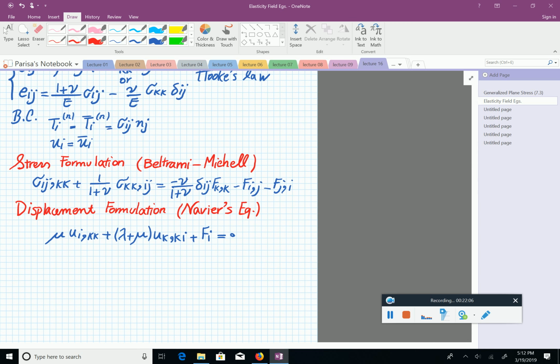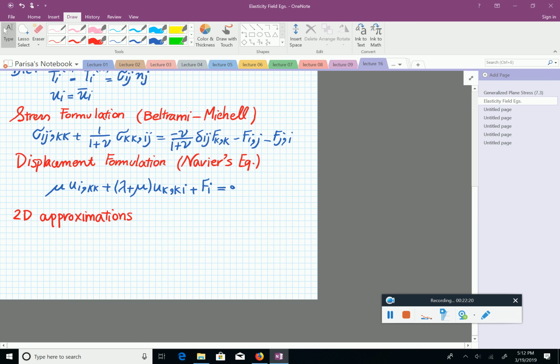and then we looked at the 2D approximations. The two useful ones for practical applications are plane strain and plane stress.